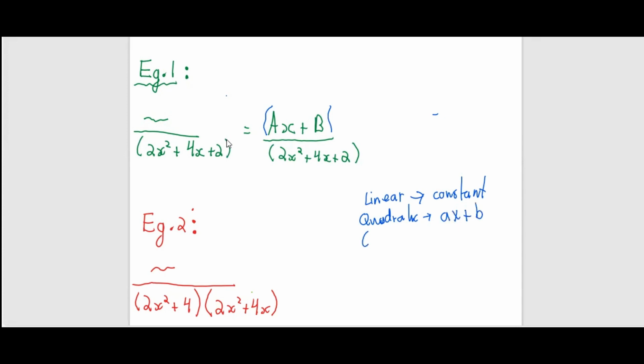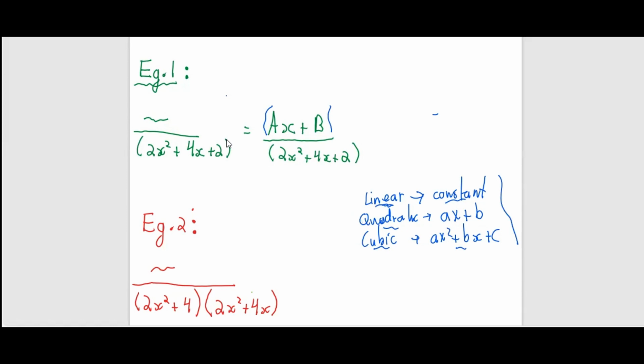And actually, if you wanted to continue the pattern, the cubic will have a quadratic numerator, so it'll be ax squared plus bx plus c. So the pattern is: the linear has a constant, the quadratic has a linear, and the cubic has a quadratic. There's a little pattern going on.